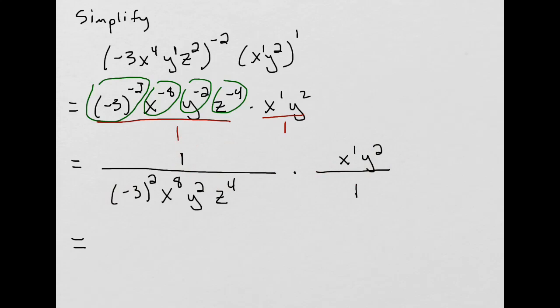I'm just going to multiply 1 by x to the first, y to the second, and what that gets me is just x to the first, y to the second. Same idea on the bottom. If I multiply my bottoms together, I'm just multiplying that first bottom by 1. So that just gives me negative 3 squared, x to the 8th, y squared, z to the 4th. That first denominator isn't going to change because anything times 1 is just itself.